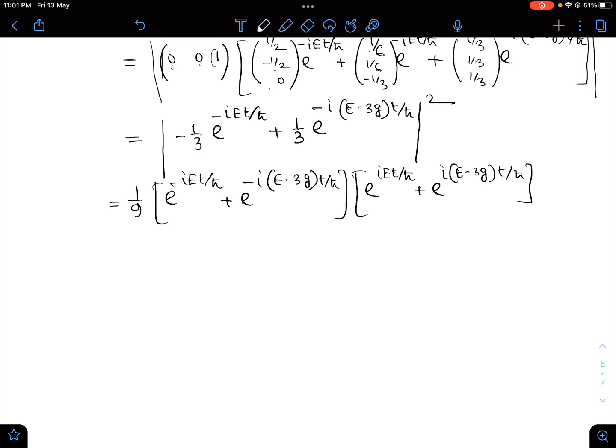So we have to find the product of this, and what will be the value?